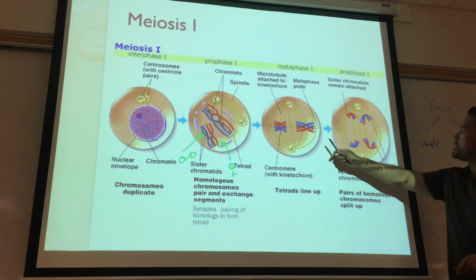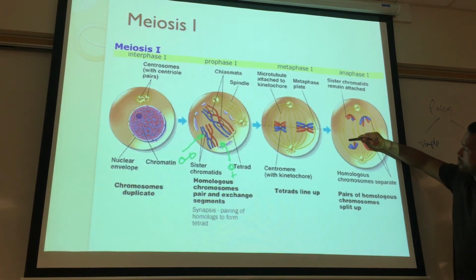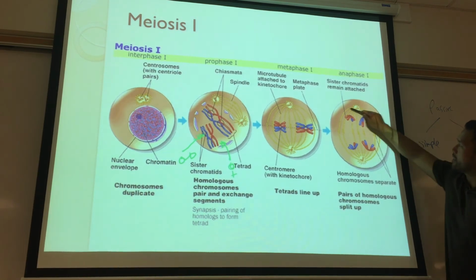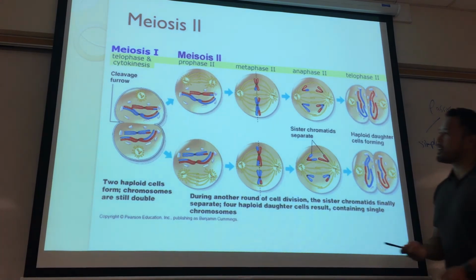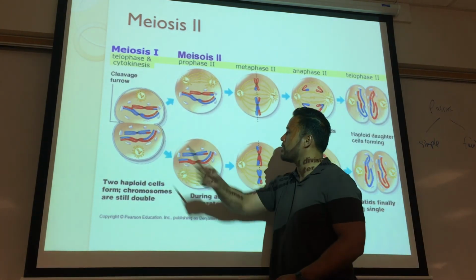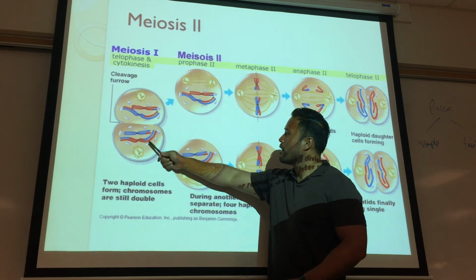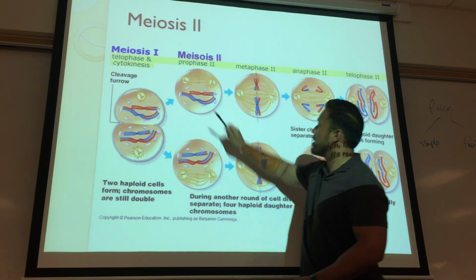And we go through metaphase, we go through anaphase where you split, and now you've got DNA on one side, you've got DNA on another. The next thing we do, we take that last branch right here, and we split it again. So now we've got our DNA, we split in one direction or we split in the other direction.